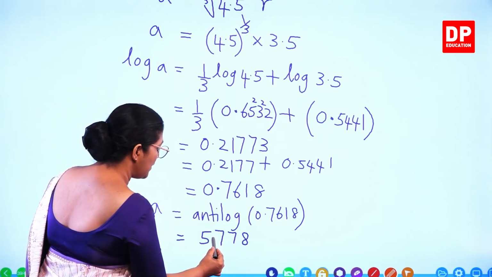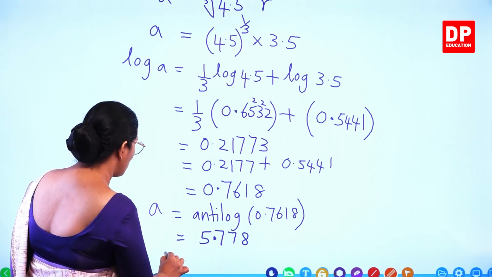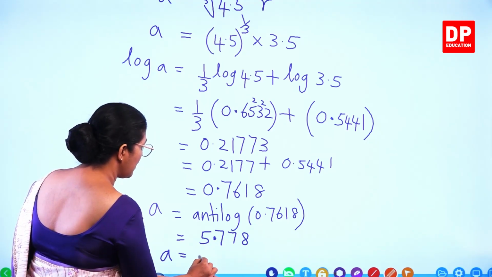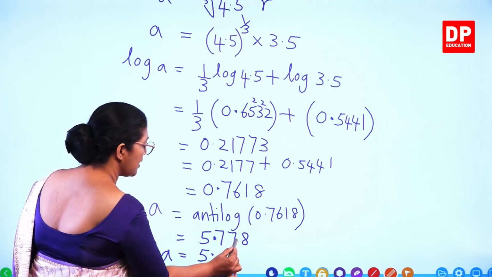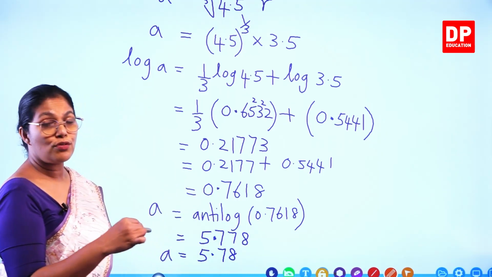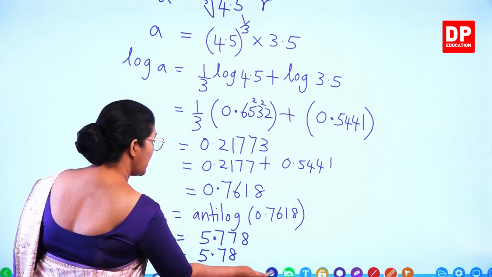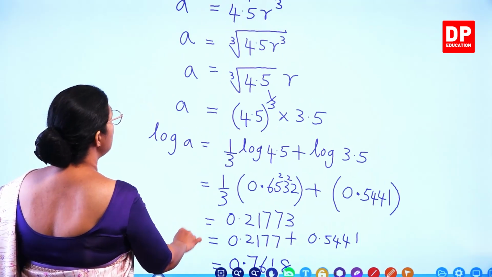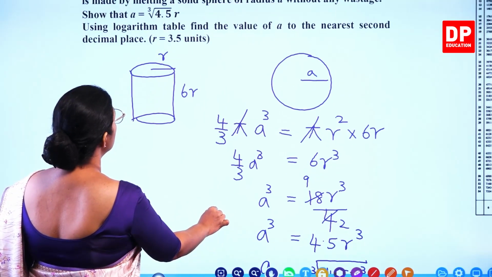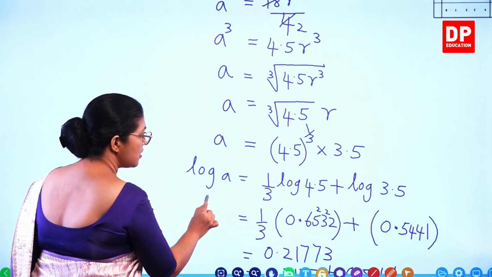That means you keep the decimal point here. And you are asked to round it to 2 decimal places. So that means you get 5.78, because 8 is there, you have to add 1 to the previous one. So 5.78. So what's the unit? It's not given, just units. So we can write units there.